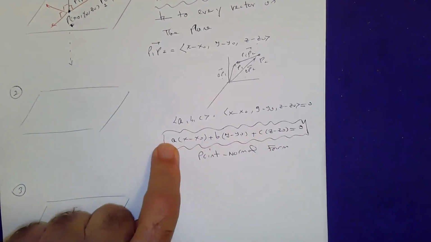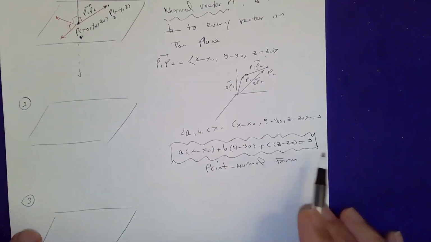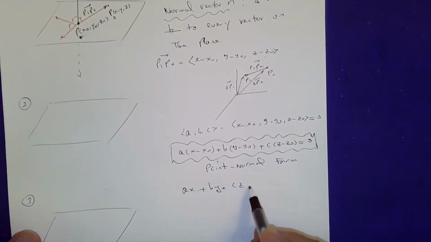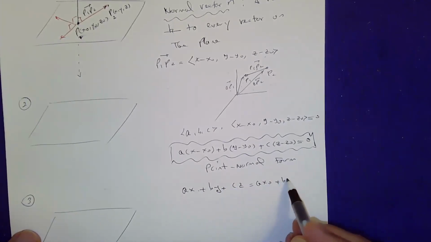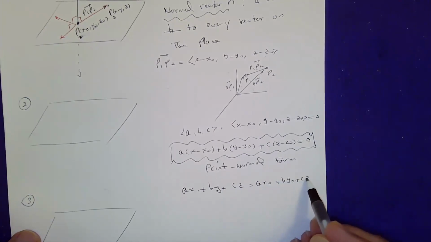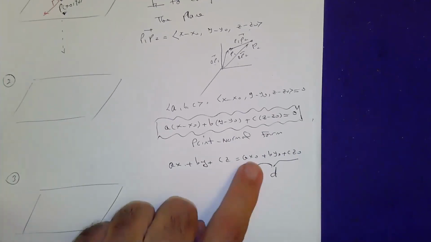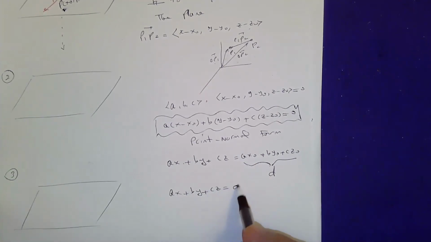The coefficients of these parentheses happen to be the components of the normal vector. If you clean this up and go ax plus by plus cz equals ax0 plus by0 plus cz0, and call this constant d because they are all constants, then you get the standard form of the equation of a plane.